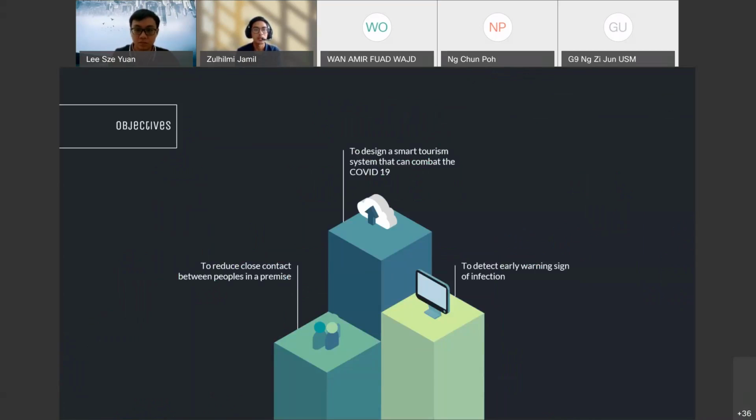This is related to the temperature screening system, as it is proven that body temperature is one of the early warning signs of infection. So we construct and design this system to combat COVID-19 and to reduce close contact between people in the premise.